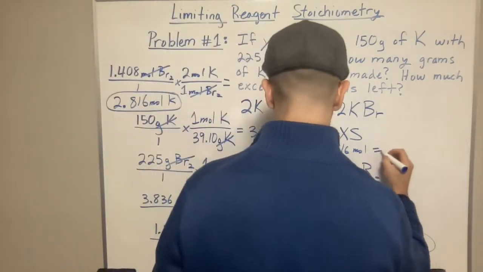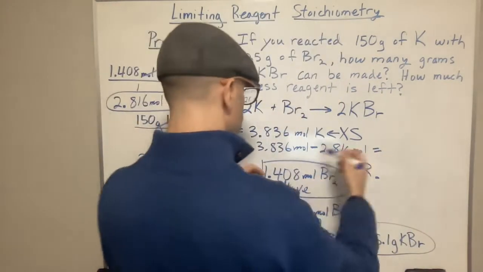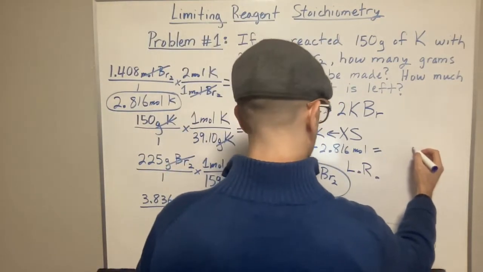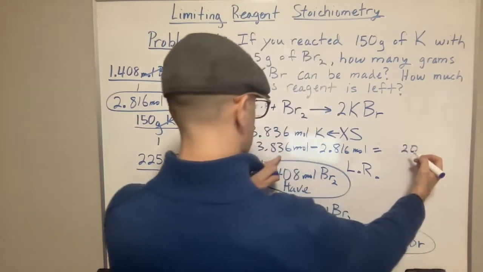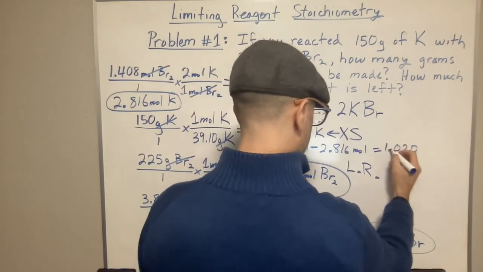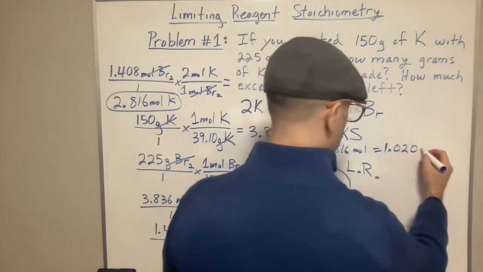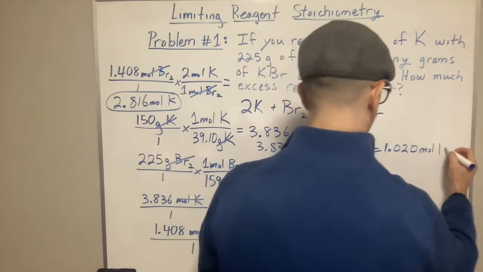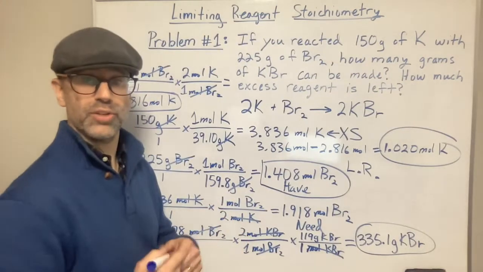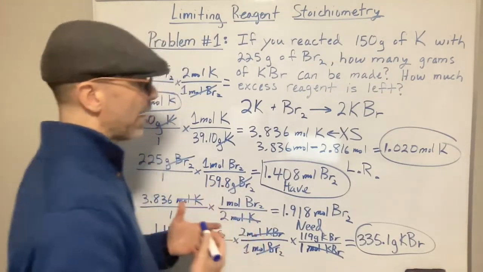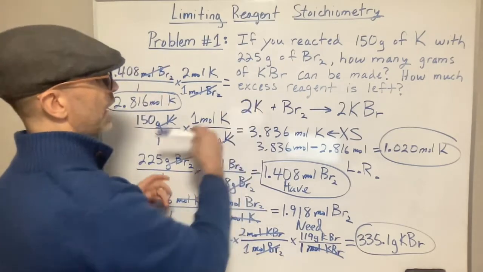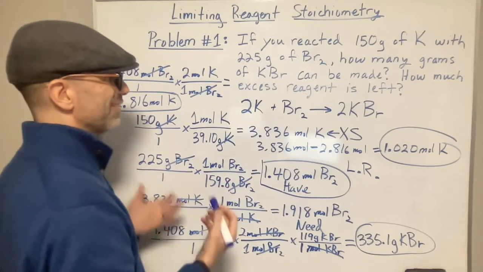And then what's left is going to be 1.020 moles of the potassium. We can then use our molar mass of potassium to convert that to grams to find out how many grams are going to be left over.